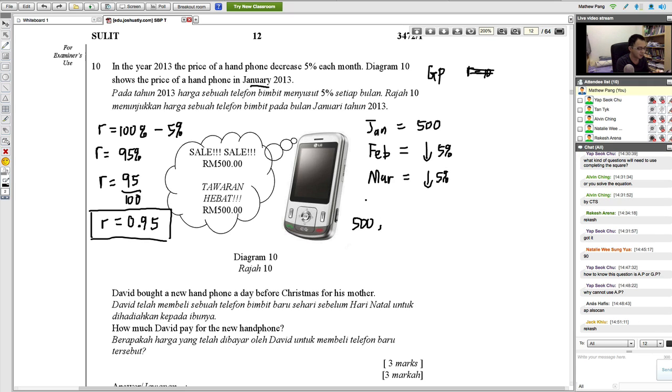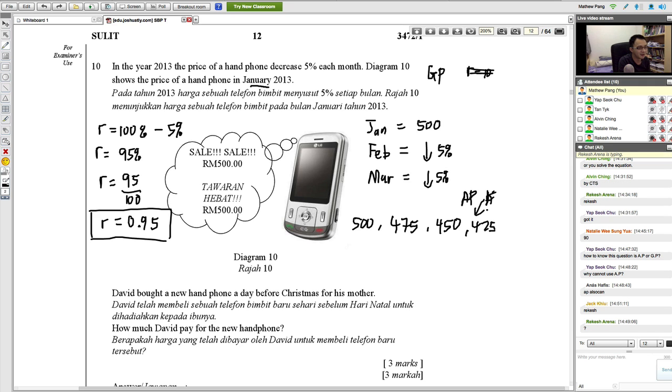Of course, using a calculator, you can know that after decreasing 5%, you will have 475. Now, if the value keeps on minus 25, this one becomes 450, this one becomes 425, then this one is AP. But obviously in this case, they are not working like this. Because of why?